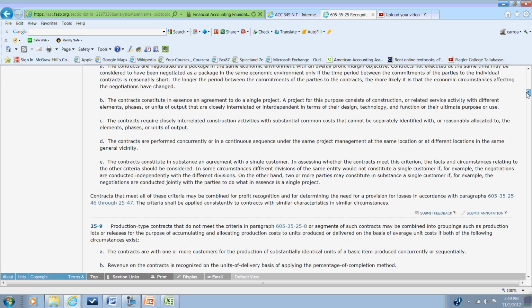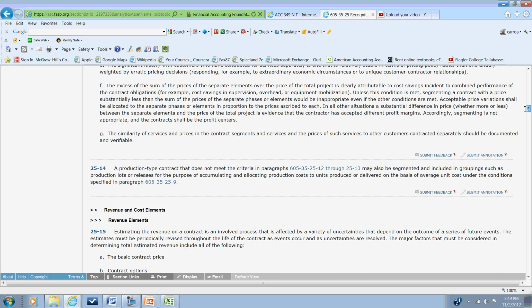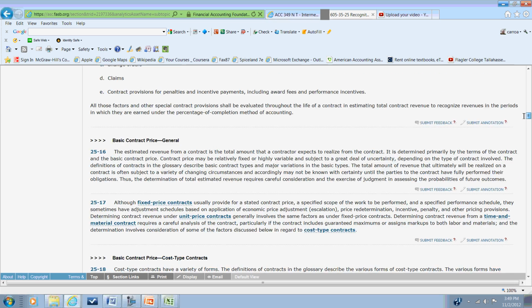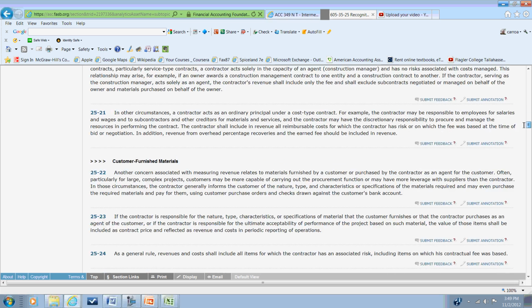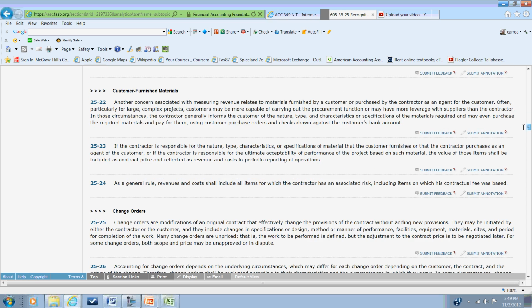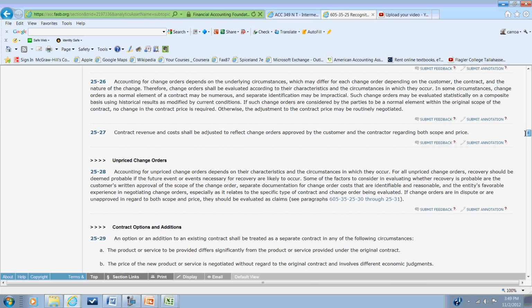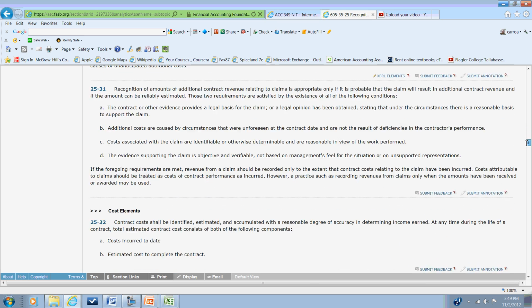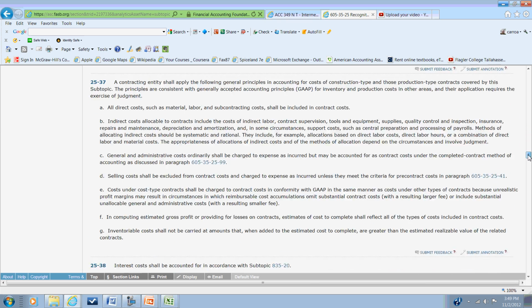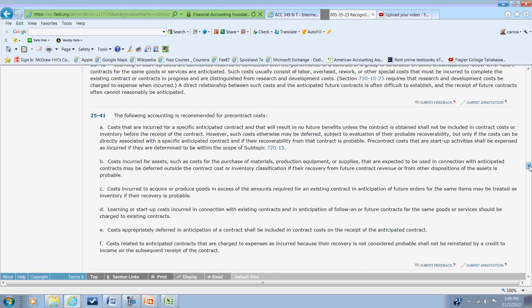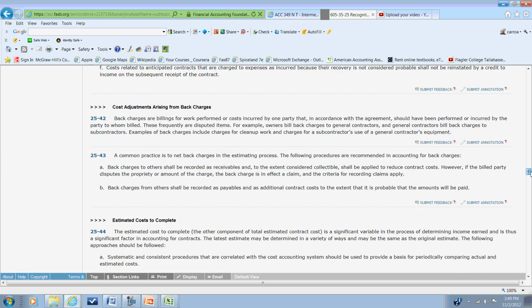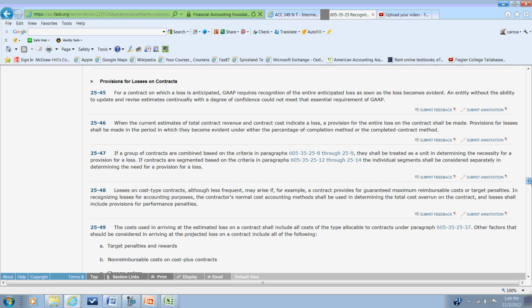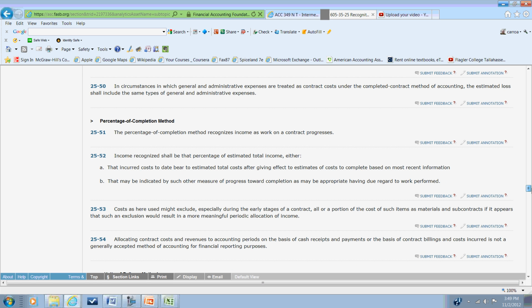And it says that companies should evaluate closely which choice they make, and once that choice is made, all similar types of projects should be accounted for. So if you have a construction company and they choose the percentage of completion, then they should use that for all of their construction type projects.